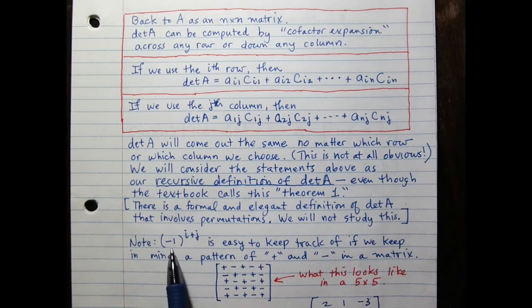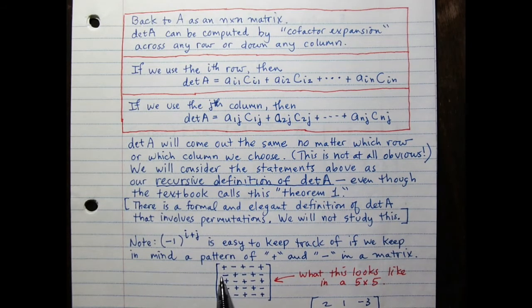Another note, and this is really important: the negative 1 to the i plus j factor in all of these calculations is easy to keep track of if we keep in mind a pattern of plus and minus signs in a matrix. This is what the pattern would look like in a 5 by 5 matrix.